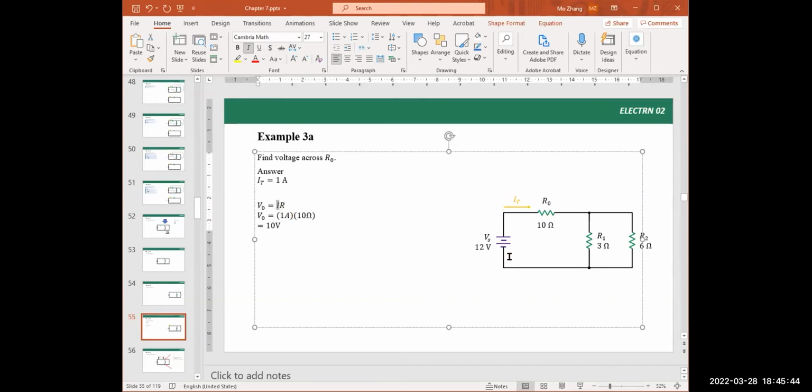The current is still 1 ampere because, again, they are in series. The current leaving the source is the current entering the system, entering R0. So that current times R0 is the total voltage drop on R0.